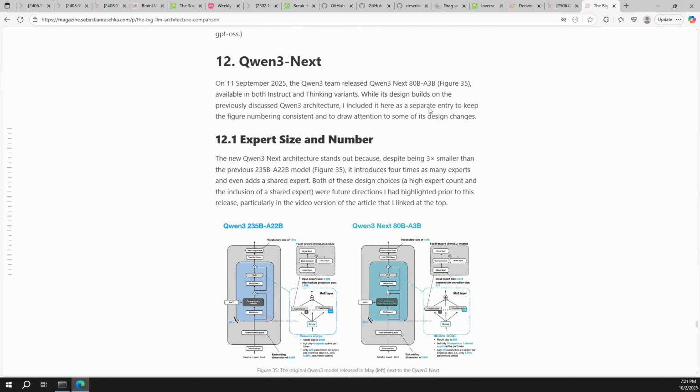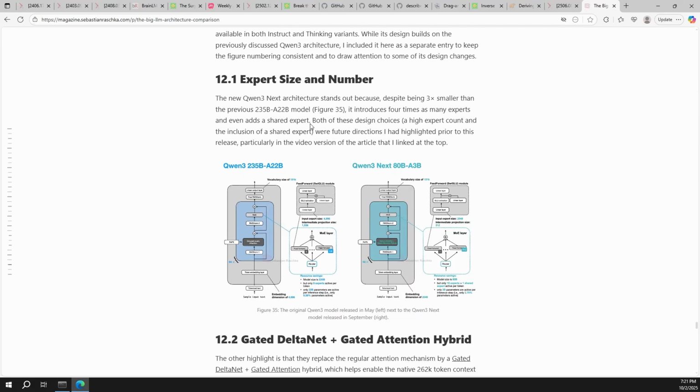So that's a very small number of active, and this whole instruct thinking variant stuff. So it's 3 times smaller than the 235 active 22. It introduces 4 times as many experts and even adds a shared expert.